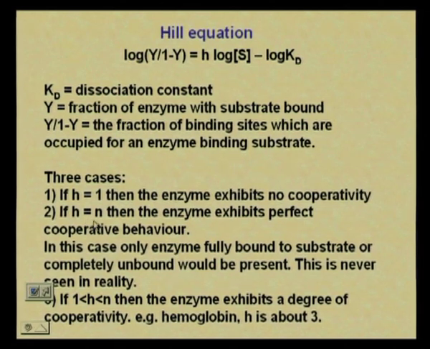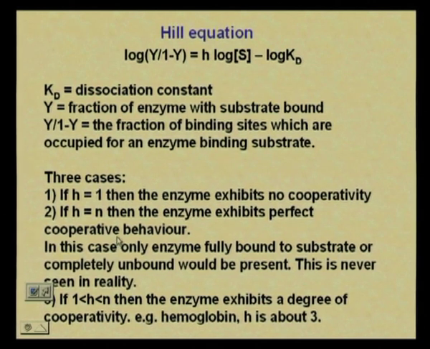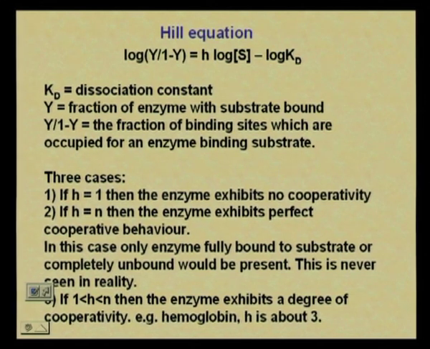If H is equal to N, then you have perfect cooperative behavior. Usually this does not occur, and if you have a number between 1 and N, then you have a certain degree of cooperativity. What does that mean? It means that you can have a value in between the total number of sites that are available and 1.